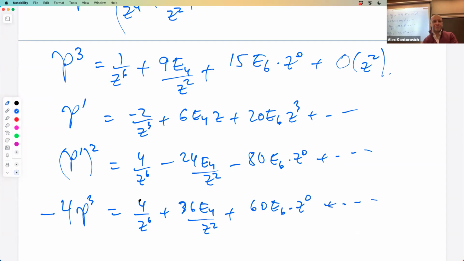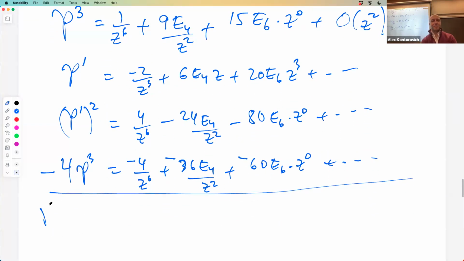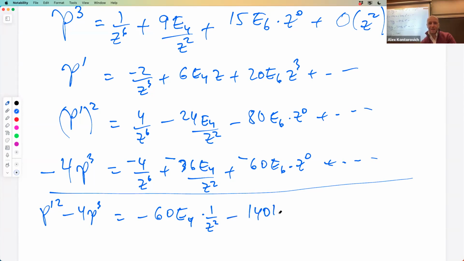And so if I subtract, here I have p prime squared minus 4 p cubed. What's left here is negative 60 E4 times 1 over z squared, and then a negative 140 E6 times a constant.